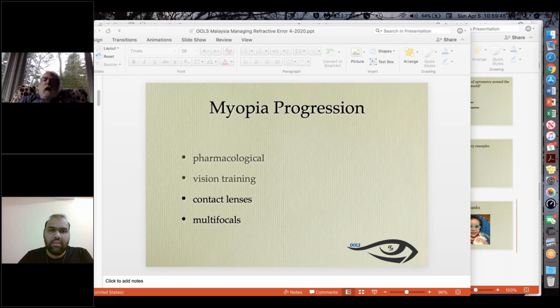And as we know nowadays, through the work of the World Health Organization, and WCO, and everybody else, uncorrected refractive error accounts for maybe 80% of all cases of visual impairment around the world today. 80% is refractive error alone.